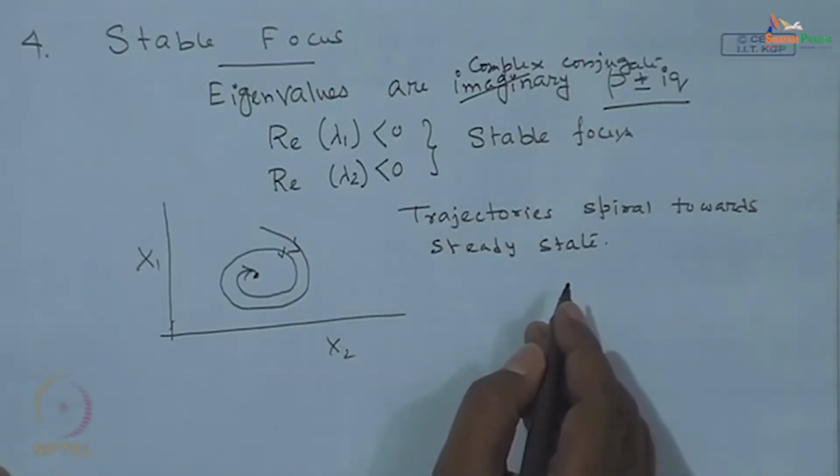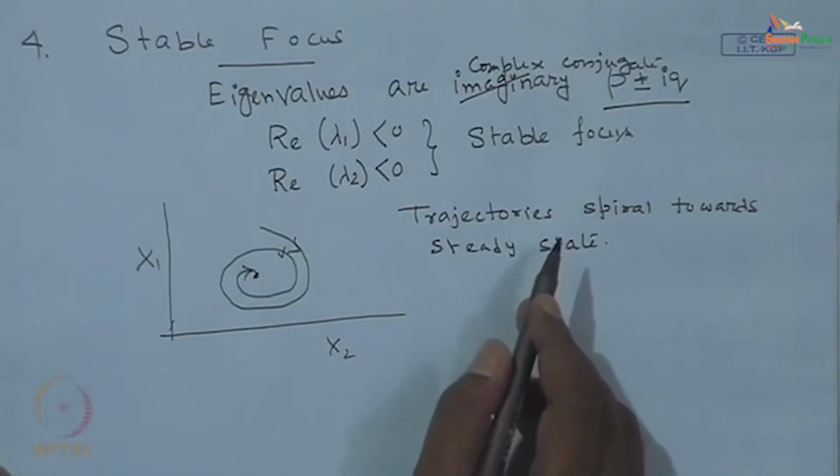So, the condition for having a focus is, number one, that complex conjugate eigenvalues must occur, and secondly, it will be a stable focus if the real values of the eigenvalues are negative.